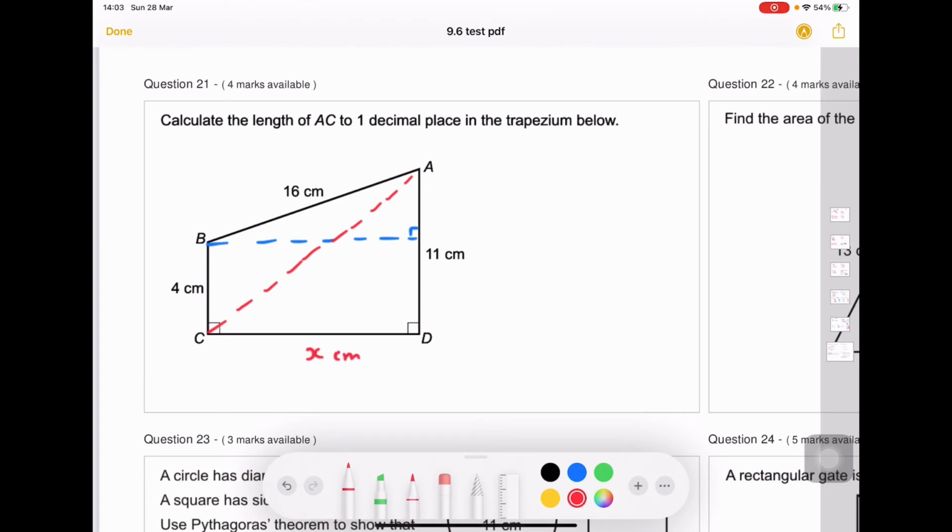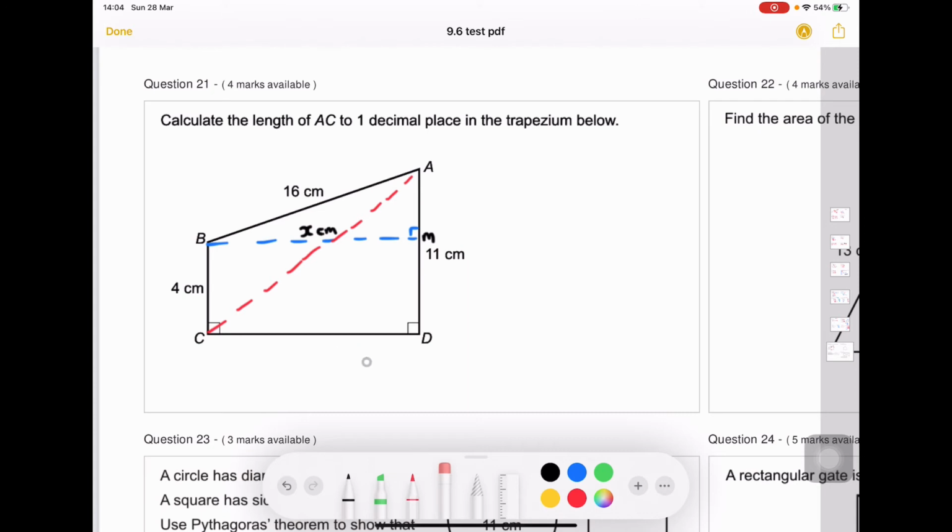So I'll call it X for now. And bearing in mind, X is also here, as in X is the length of BM, let's call this M. X is the length of BM, and it's also the length of DC.